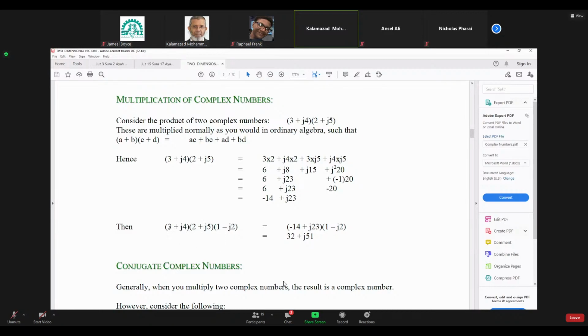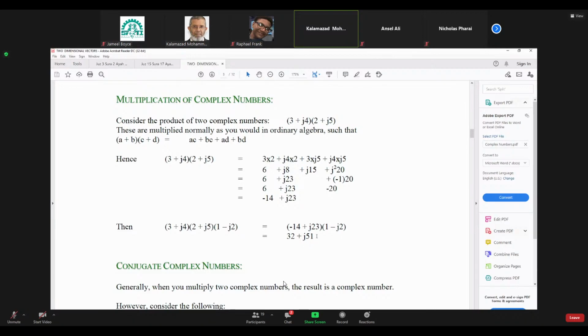So what we did was 3 plus j4 multiplied by 2 plus j5, we get the answer from on top here. And that now we multiply by 1 minus j2. So when you multiply 14 by 1 and then 14 by minus j2 and so on and so forth, you end up with 32 plus j51. All right. Okay. I can't write on the screen, but again, we'll practice it in a little bit.